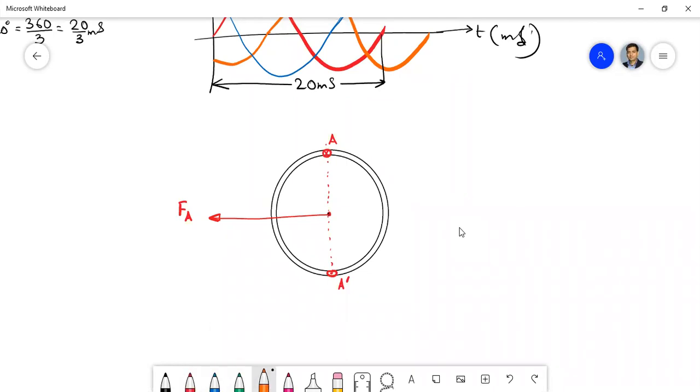Now the next coil I will place here, and this will be cross and this will be dot. Now, can you tell me in which direction the field will be generated due to this particular coil, which is called the B prime coil?